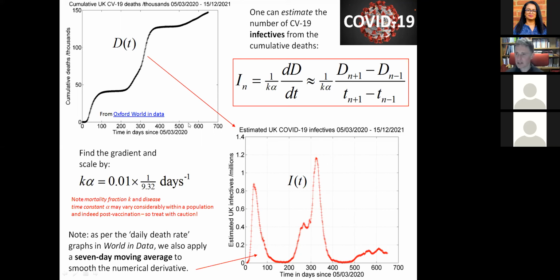Now, with some estimates, I think we'll qualify that as guesses: if 1% of the people who get coronavirus in the first wave, this is pre-vaccination, remember, unfortunately passed, and this alpha parameter is about 1 over 9.32 days, then you can estimate the number of infectives from this curve.